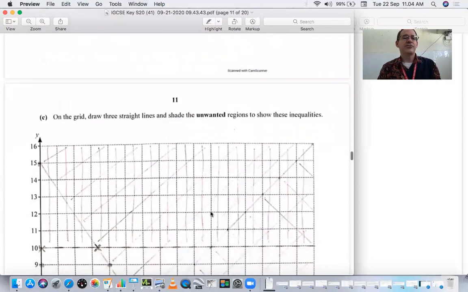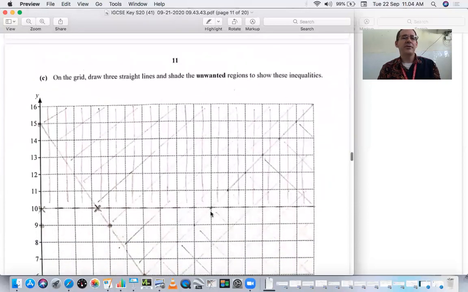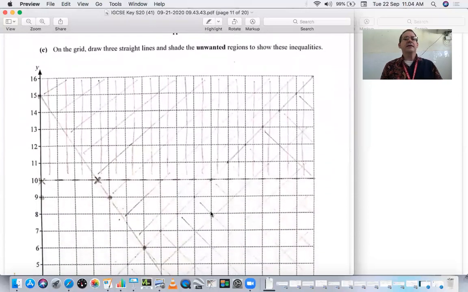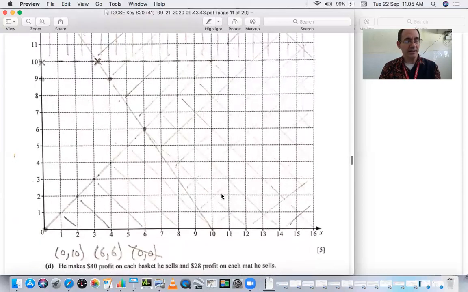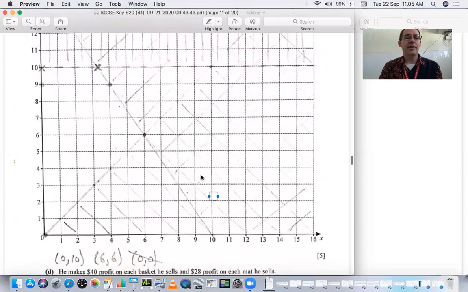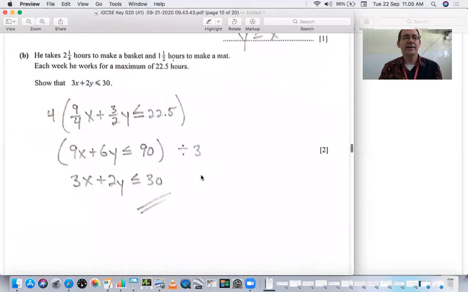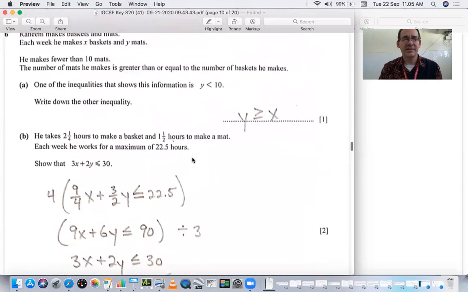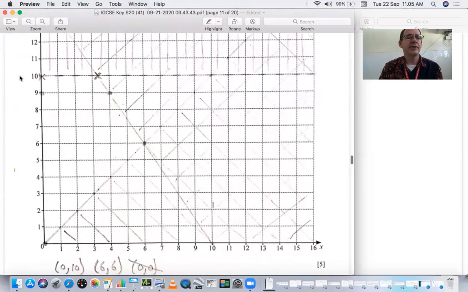Moving on, draw on the grid, draw these three straight lines and shade the unwanted regions to show these inequalities. So here we have the y less than 10. So we come down, here's our 10.